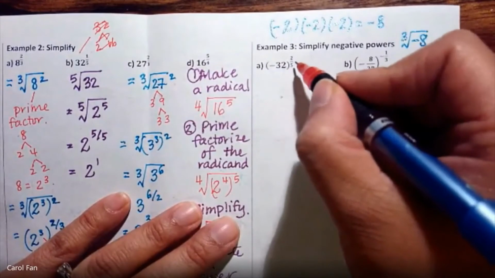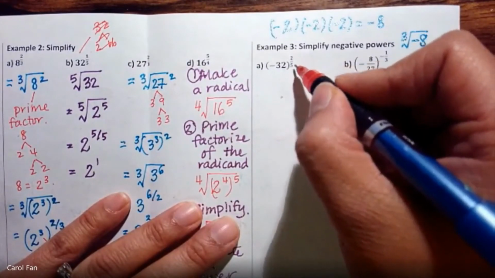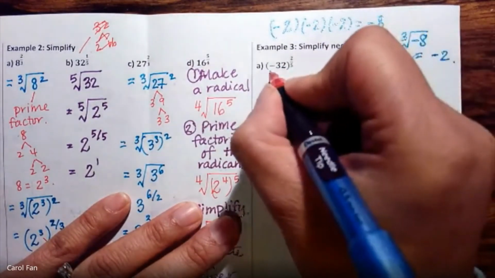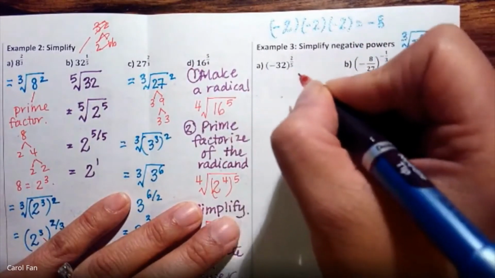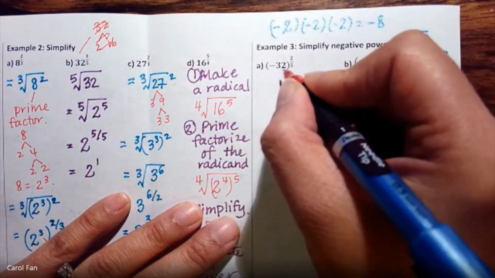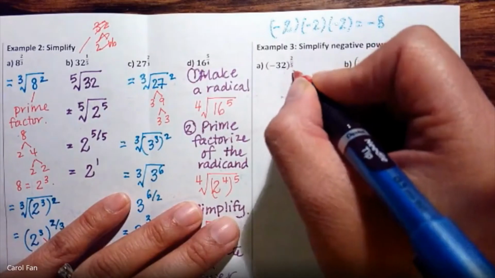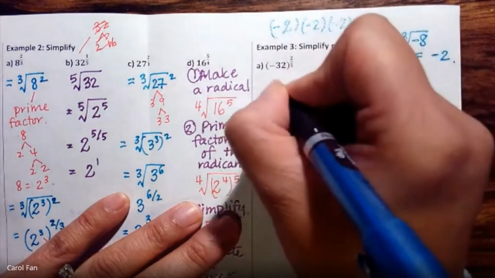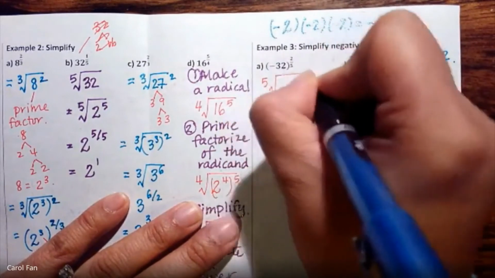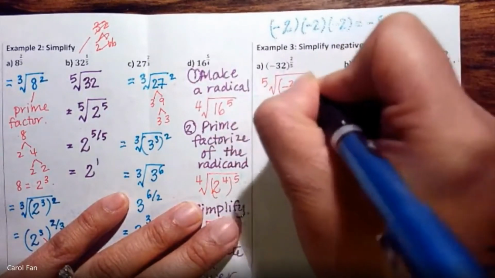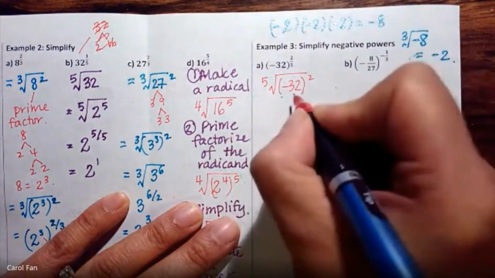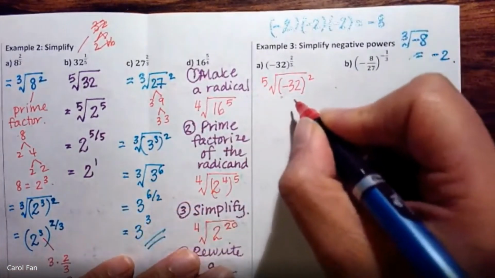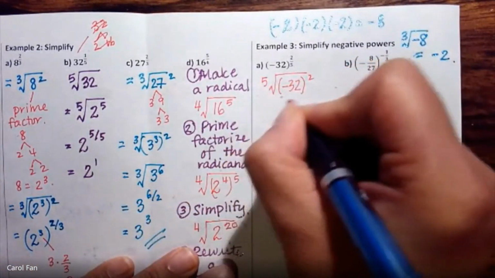All right, let's do some examples to see how this works out. Negative 32, all to the power of 2 over 5. Now, because the base is in a bracket, I know that the negative and the 32 is all raised to the power 2/5. So let's simplify this. I have the fifth root of negative 32 squared. I'm going to do the prime factorization of my radicand now.